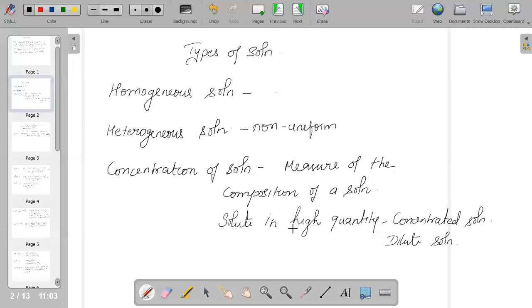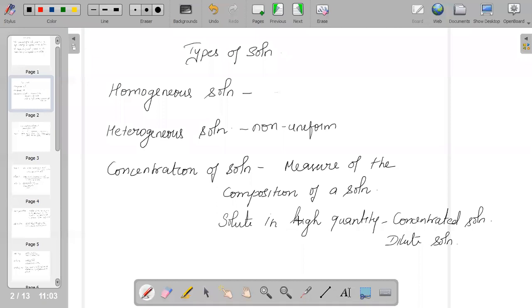In the same way, a solution with relatively very small quantity of solute, you call that a dilute solution.